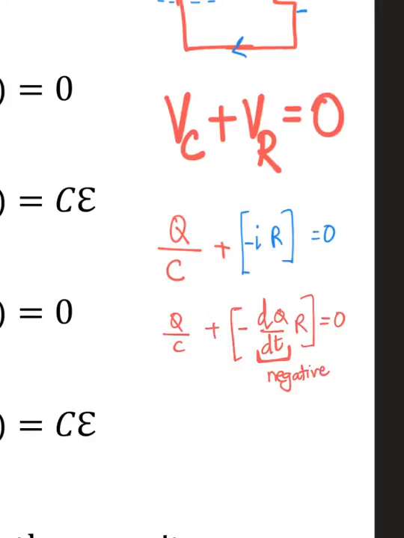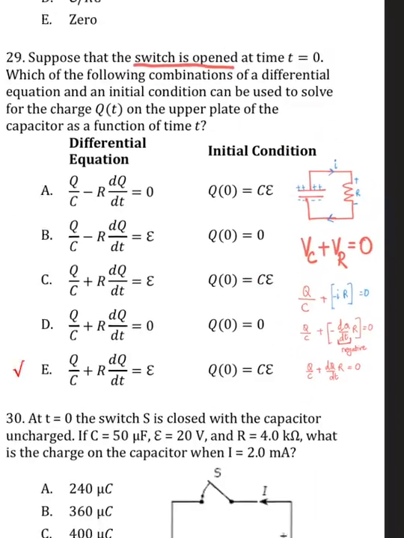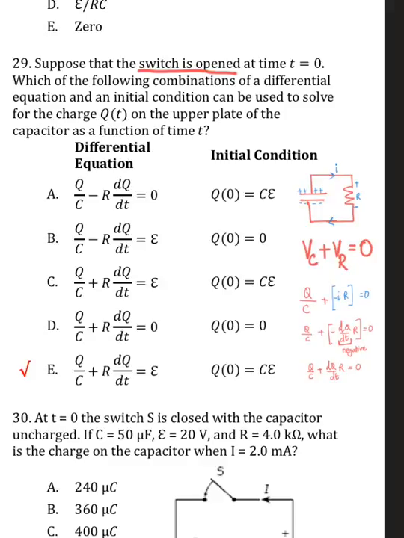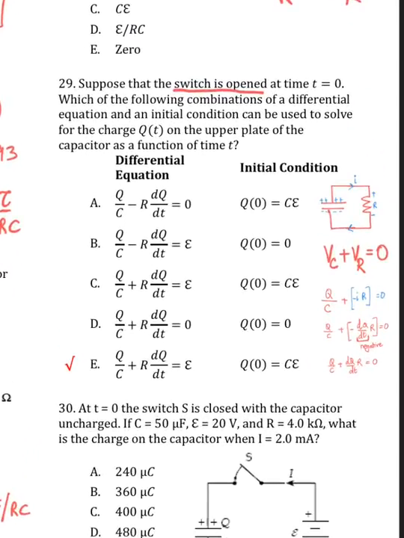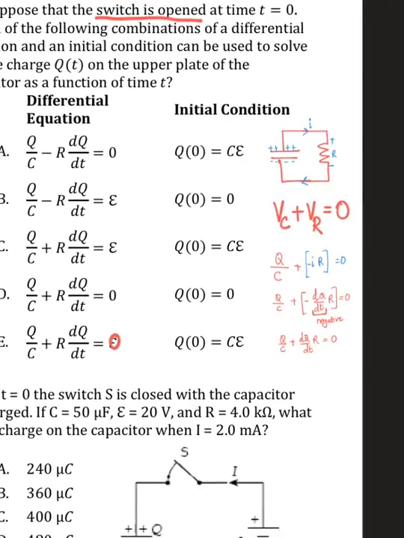So in order to get the current as positive, we are going to write a negative with dq over dt itself. I hope we have understood this. So we have got the equation q over c plus r dq over dt, and this should be equal to 0.